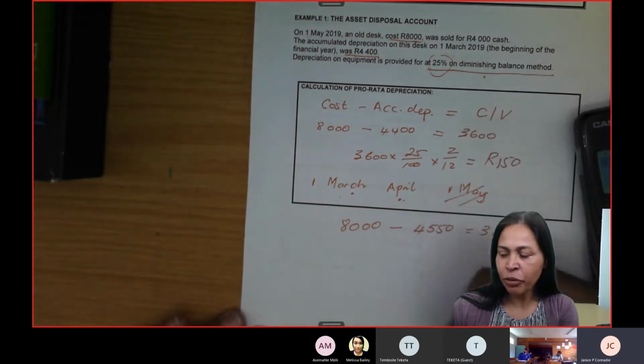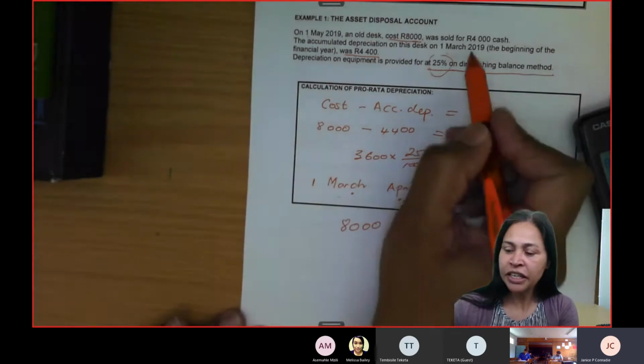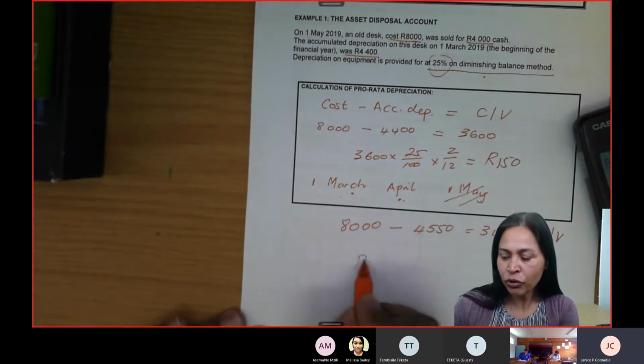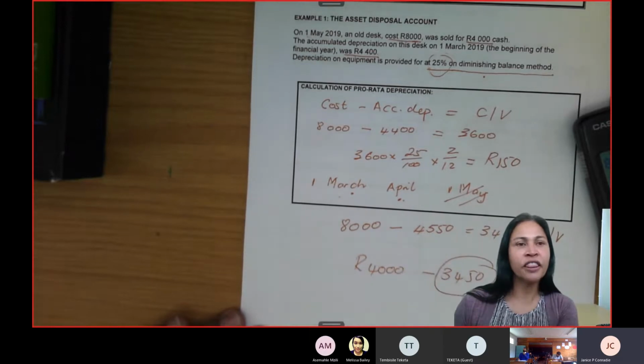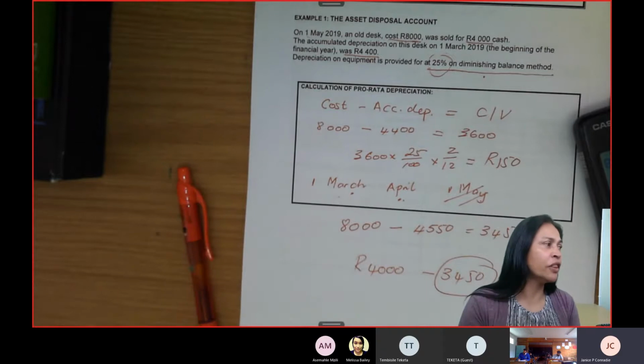That is how much it is worth. In other words, that's your carrying value. For how much was it sold? It clearly shows that it was sold for 4,000. So it was sold for 4,000, which is more than what it was worth. And that is how we determine whether it is a profit or a loss on the sale of an asset.